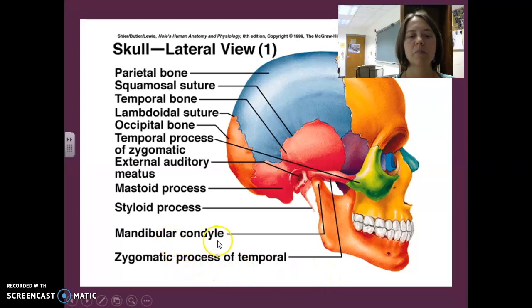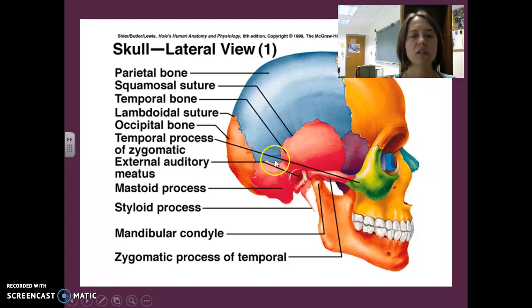The mandibular condyle, which is a bump we talked about before on the mandible, articulates with the mandibular fossa, which is this depression here. Some new ones are a styloid process, a projection on the temporal bone, and the external auditory meatus, a passageway that goes through the temporal bone.